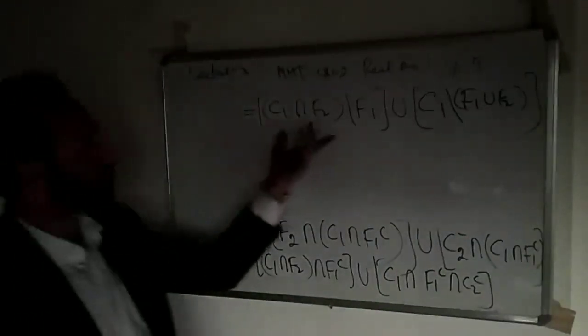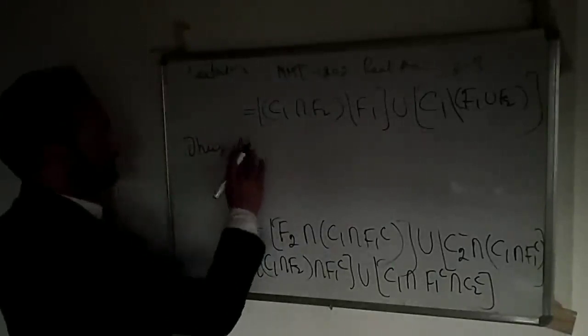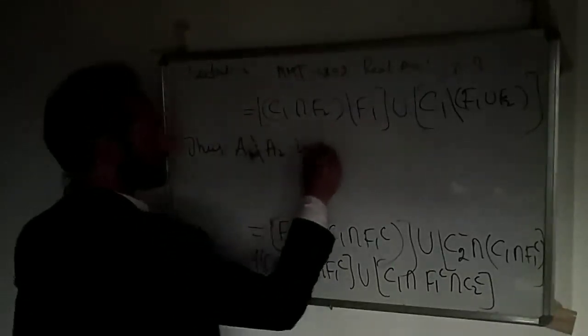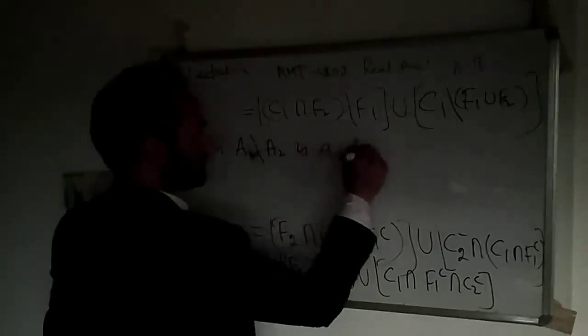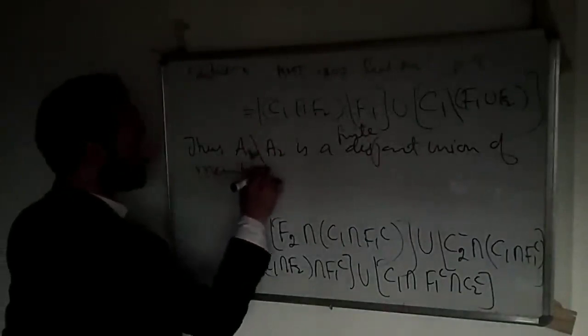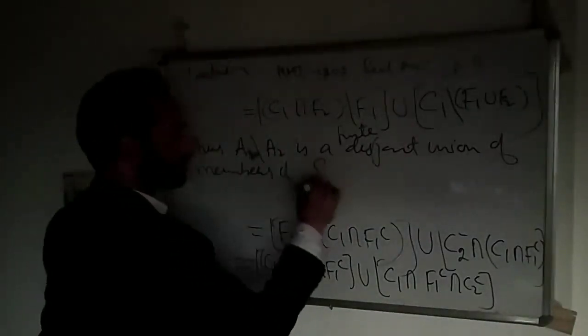So therefore it is a union of members of S. Thus A1 minus A2 is a finite disjoint union of members of S. Why are they disjoint?